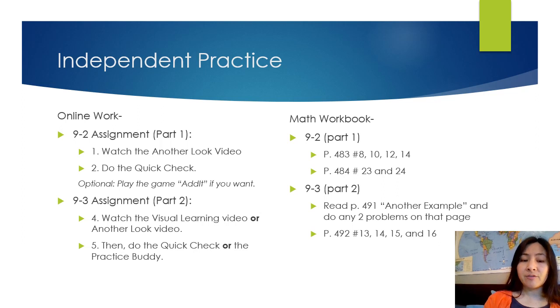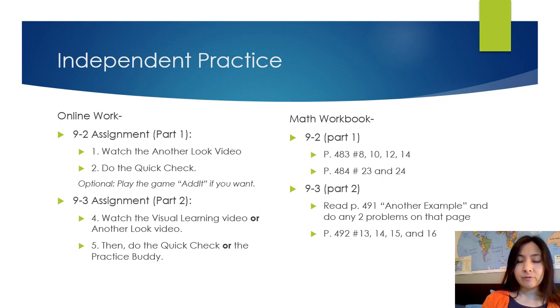If you want to skip it for now and go into the other assignment, part 2, that's in 9-3. It's also about regrouping when we're adding 3-digit numbers, so you can choose which video you're going to watch, visual learning video or Another Look. Of course, you can watch both if you feel like it.